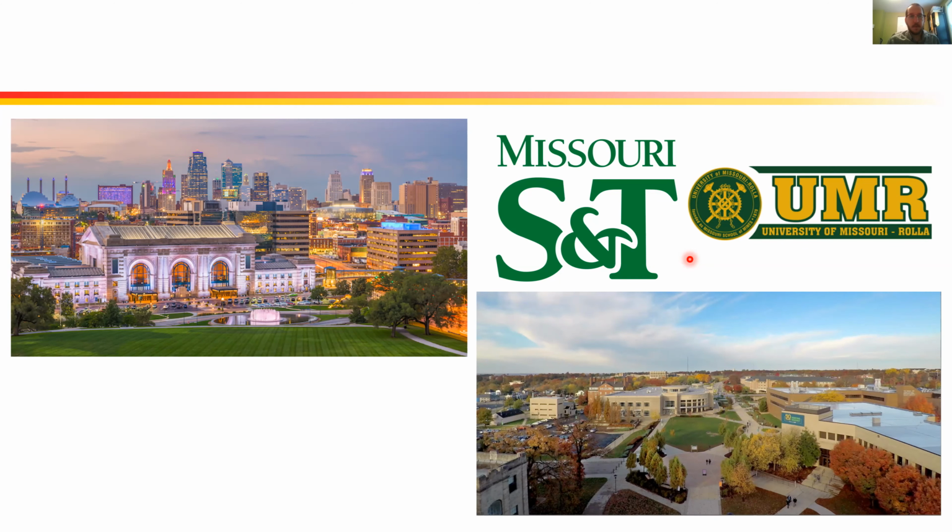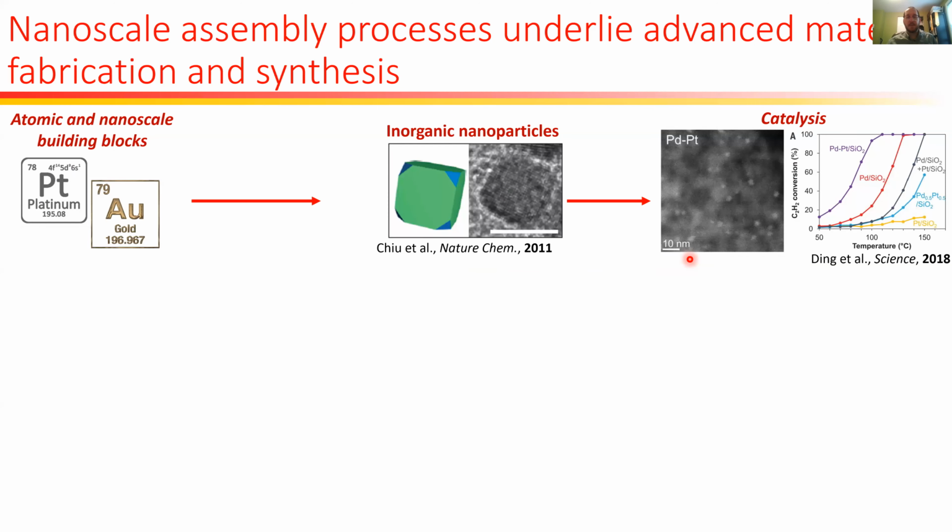Okay, so let's talk about a brief introduction in terms of the kind of things that my research group works on and the kinds of problems we're interested in. As my group name alluded to, we study nanoscale assembly processes, and we study these on a very fundamental level, with the idea that these processes underlie the fabrication and synthesis of advanced materials for things like catalysis and optical materials.